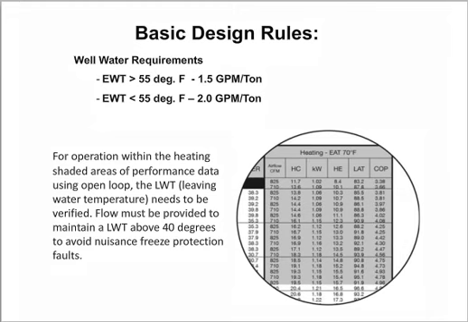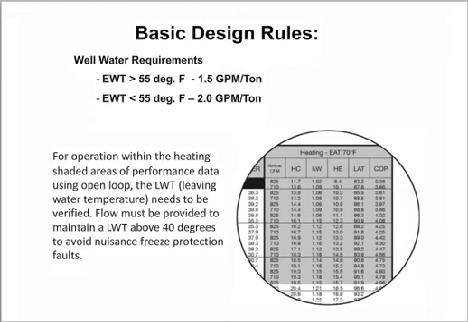And when you're in the heating mode and you're dealing with cooler temperatures, one of the things that's important here is that you want to make sure that you set up your flow rate so that you have a leaving water temperature, in other words, after in the heating mode, the heat pump has drawn that temperature out of that fluid, you want to stay above about 40 degrees to avoid a freeze protection thermistor or sensor nuisance fault.